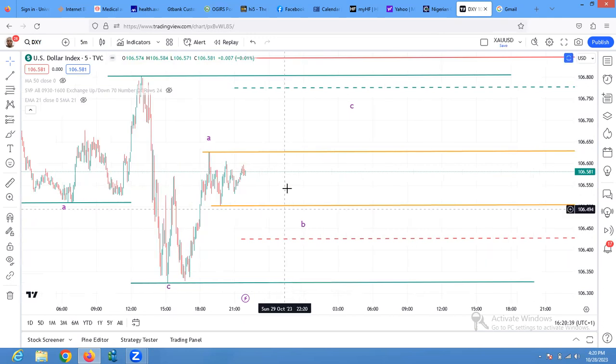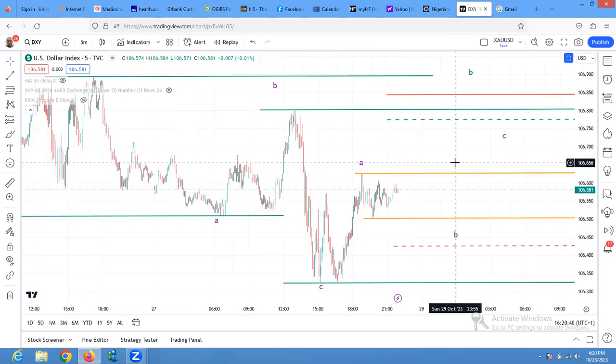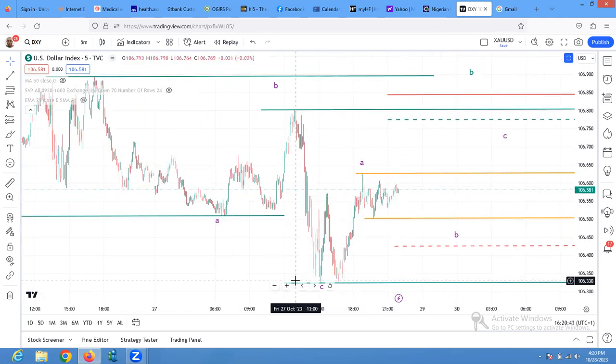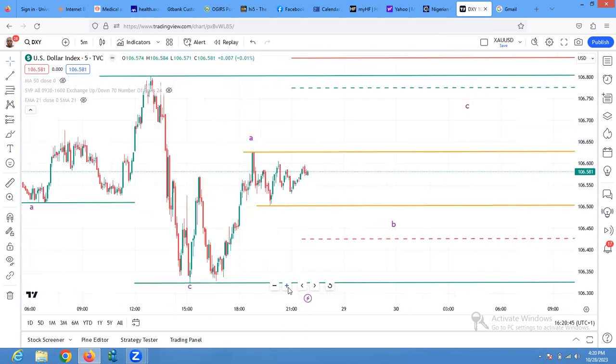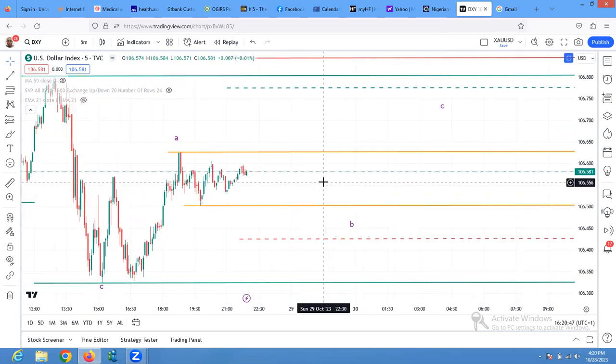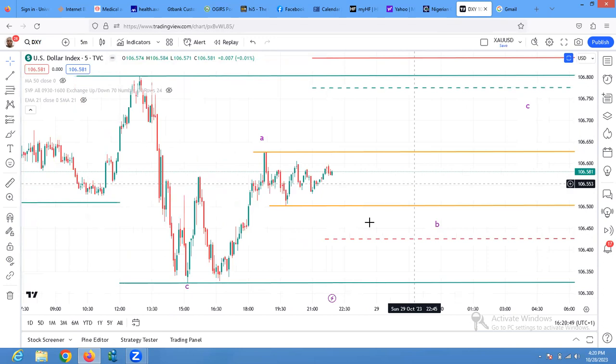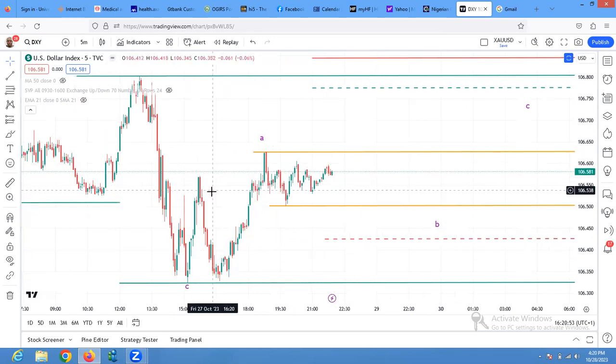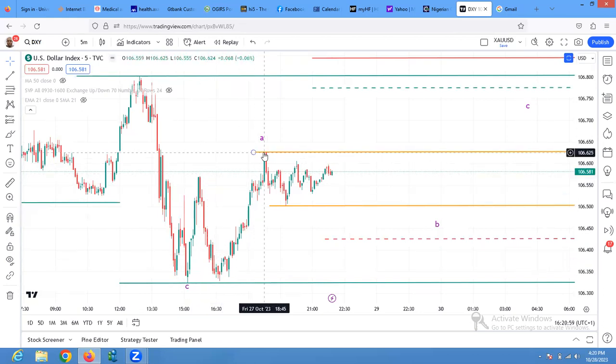inside here, because A wave is done. A wave here may have probably given us a B, I don't know. So looking at this one, under this A wave, we can see A, B, and a C to finish an A wave.